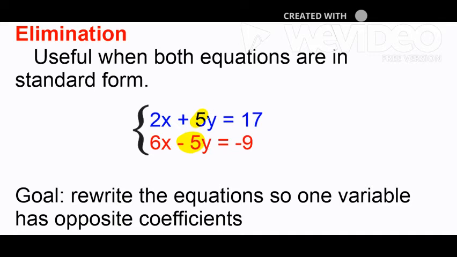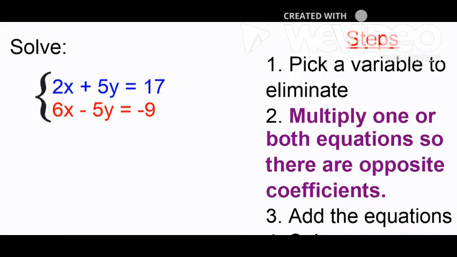So let's go through the steps of how to solve this system. The first thing we're going to do is pick a variable to eliminate. Now in this system, it's really obvious that we are going to eliminate y because the coefficients of y are opposite. So one is 5, one is negative 5.